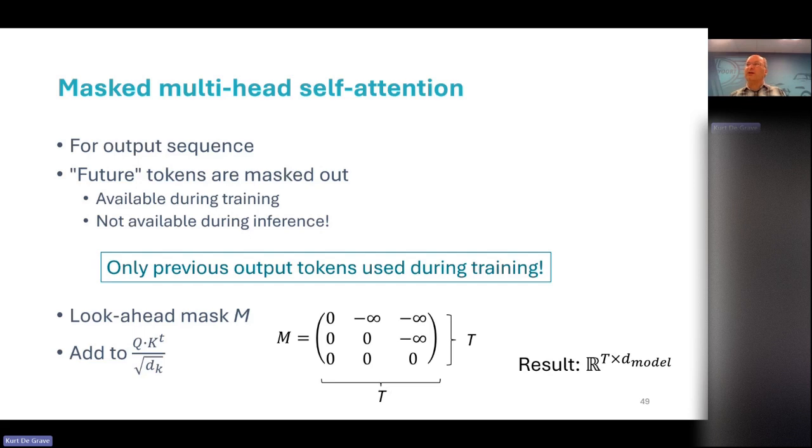You produce them one by one. So we use a mask to prevent them from being seen, a diagonal matrix that throws away all the information of future tokens.